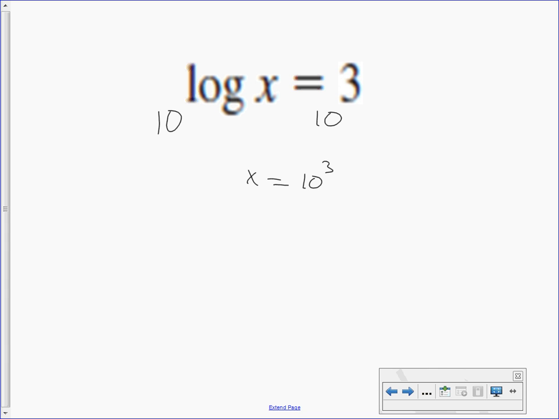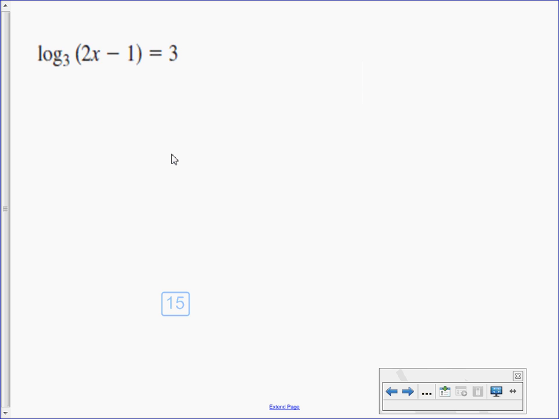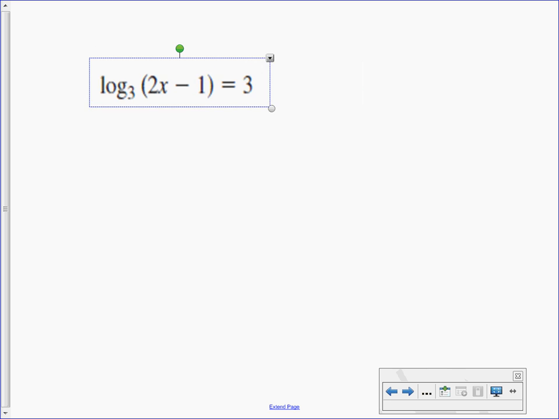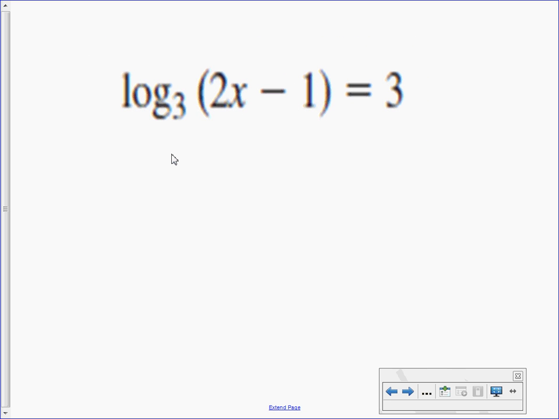Was that 1,000? Yeah. Remember, if you don't see a base here, it's a base 10. Don't get angry at it. Just want to make sure we're okay.